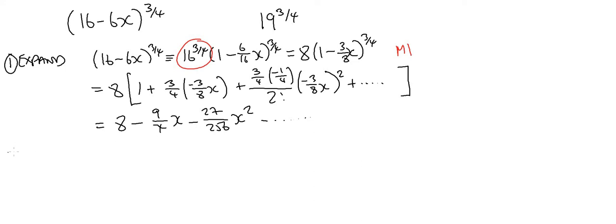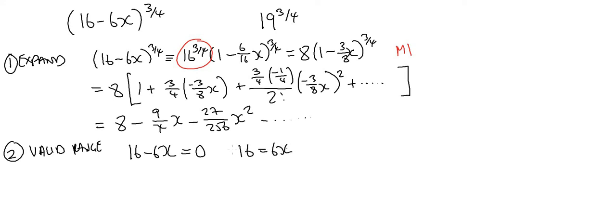Now part 2. So the next thing we need to do is the valid range. Okay, remember, there's only a certain range that x is valid in, so that it converges and we can estimate the value. So we've got 16 minus 6x. We don't want it to be 0, because if it's 0, it's not going to tell us anything. So if we do that, that means that 16 equals 6x, and therefore 16 over 6, which simplifies to 8 over 3, equals x.